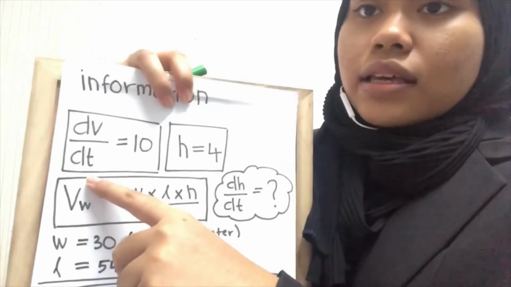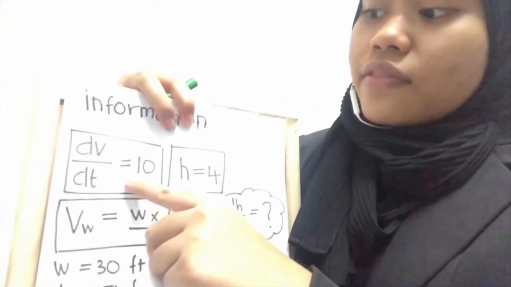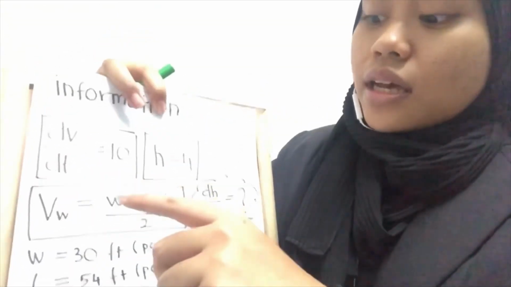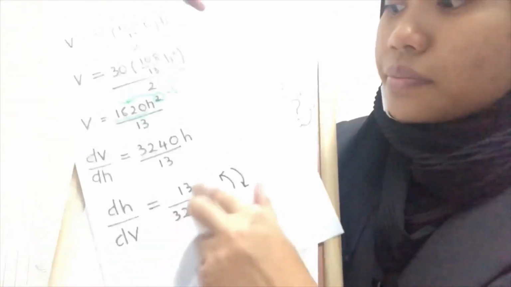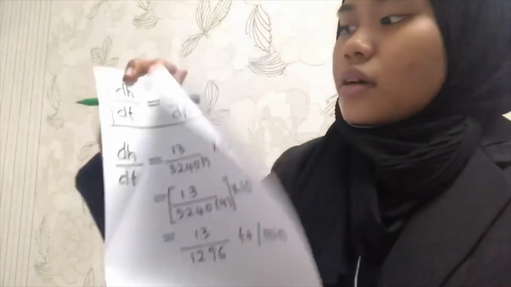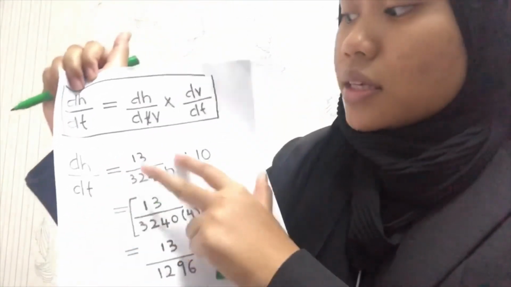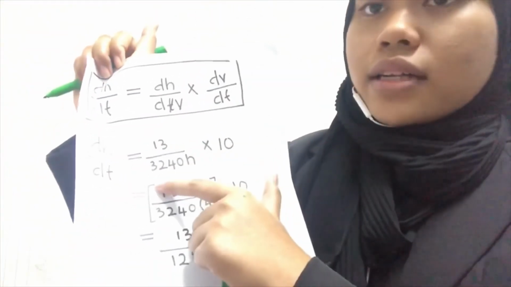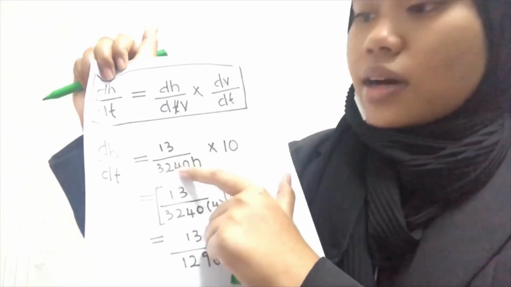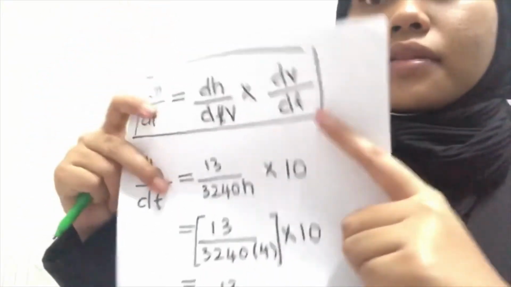Okay, so we already have the dV/dt, so we just add the value here, and the value that we found for dV/dH, we just put into the formula. So we put 13 over 3240 H multiplied by 10.